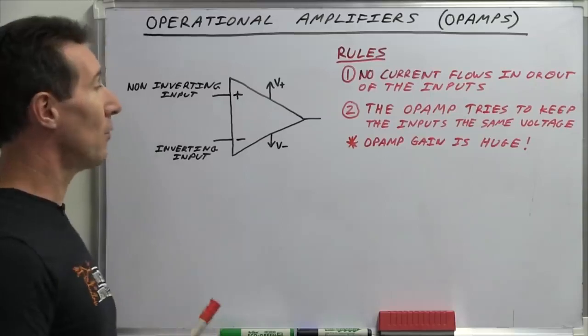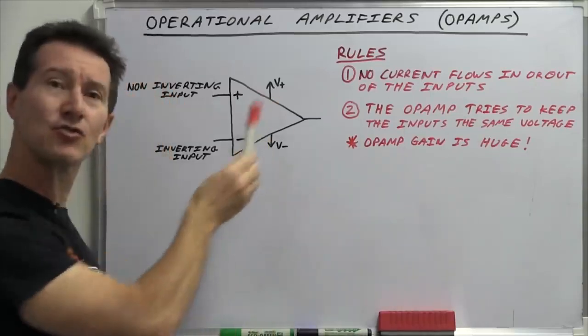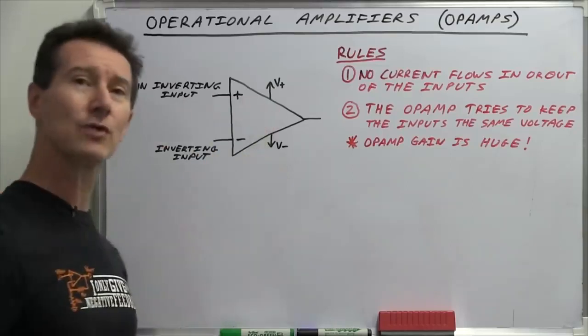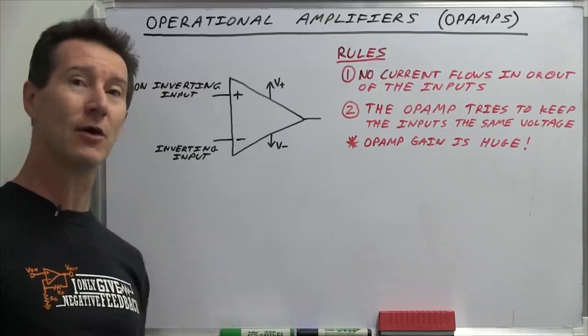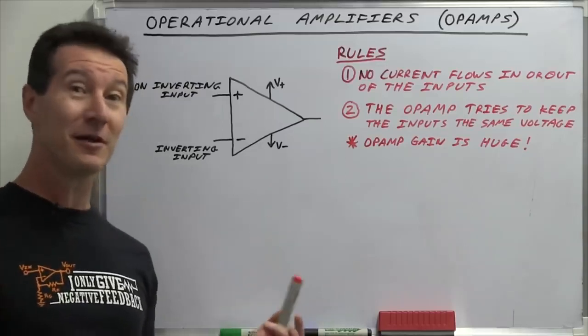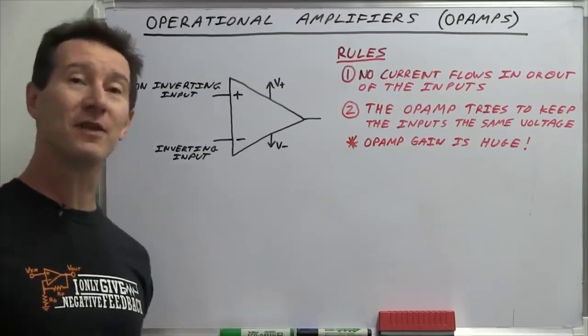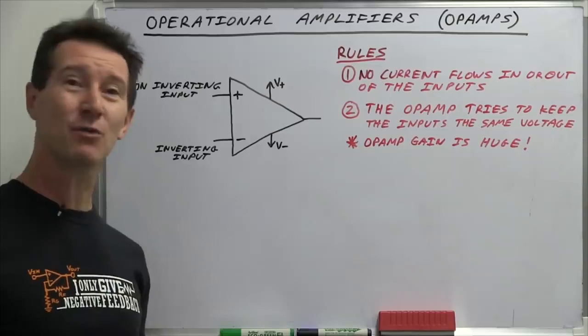Now, the reason they don't work as differential amplifiers is because the internal natural gain of the op-amp is enormous. And that's the first thing you need to know about op-amps, it's almost not quite infinite, but you can think of it as infinitely large. It's like millions of times, and well, the data sheet won't even tell you.